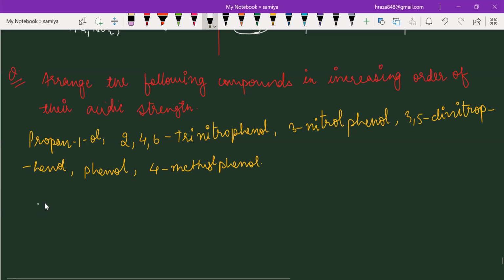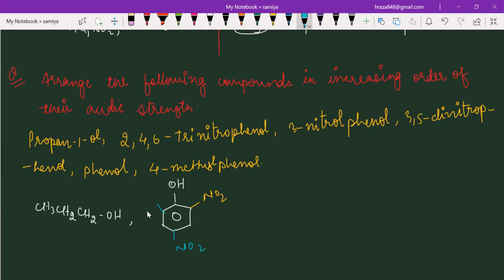So this is CH3 propan-1-ol, that means CH3CH2CH2OH. Do you know what this is? Phenol. That means you are going to write the structure as this phenol. With respect to this, at the second position NO2 is connected. Third and fourth position is here, and then fifth and sixth position is here. Now phenol at the end means main functional group.